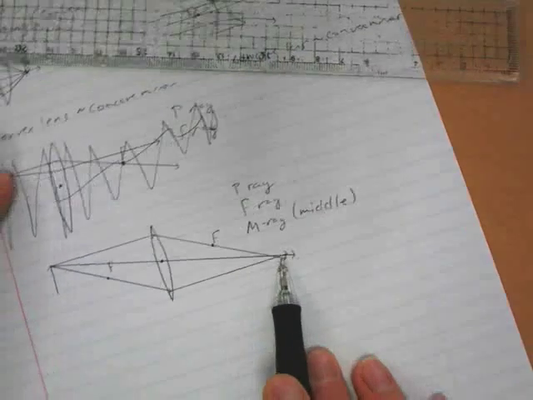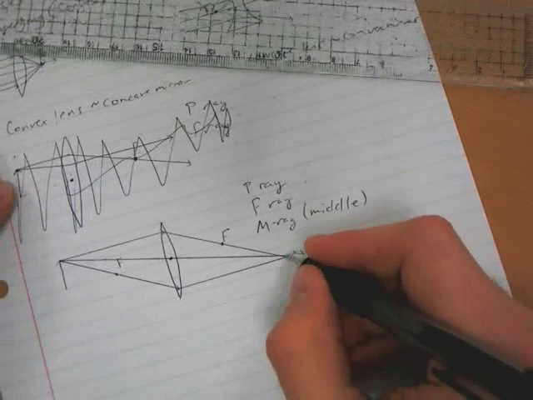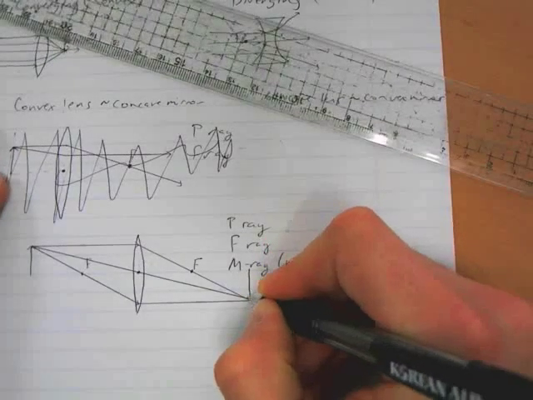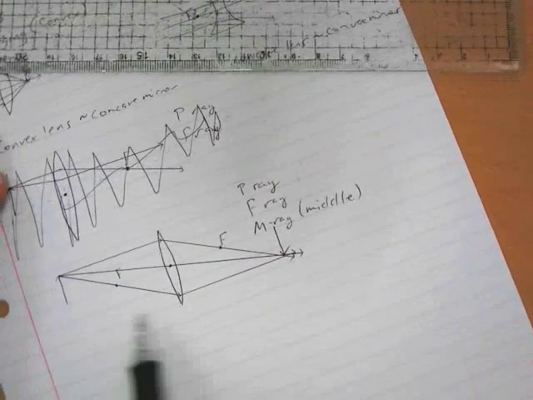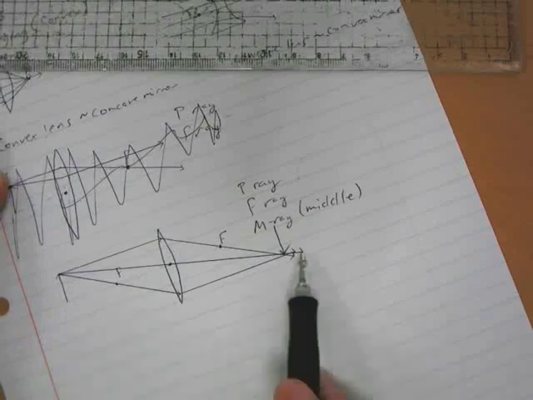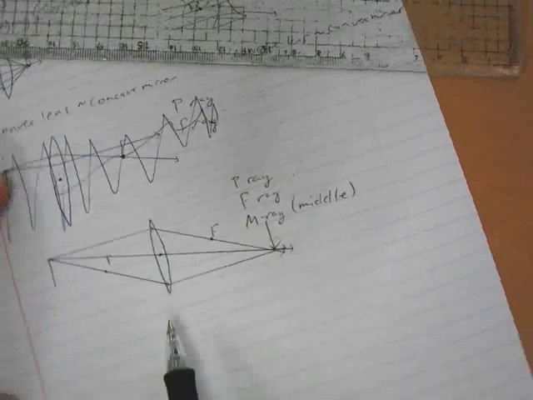And you can see, well, my drawing isn't perfect, but they basically all converge right there, which means that our image will be formed out over here. So for an object beyond the focal point, it's going to form an image that is inverted.